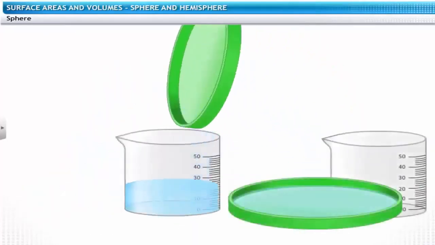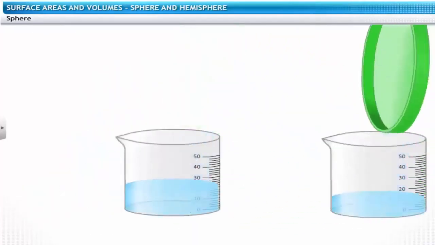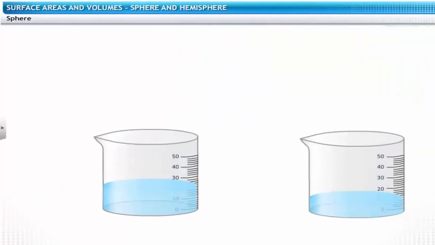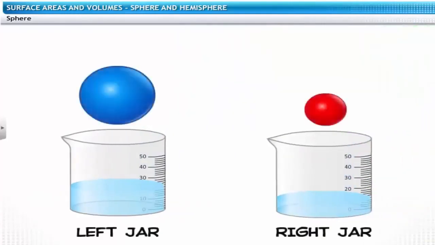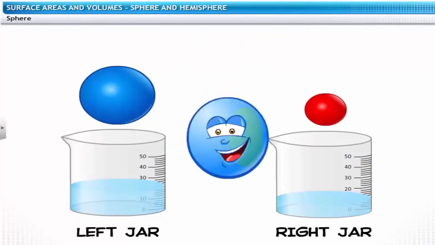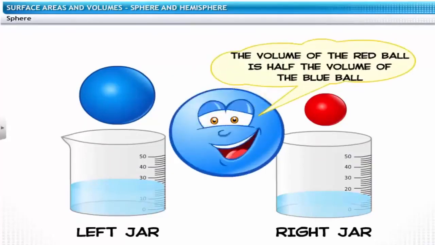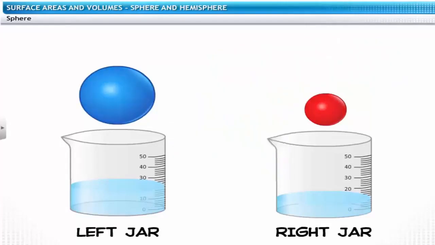Collect the water. On comparing the quantity of water in the 2 measuring jars, we find that the quantity of water that is in the right jar is exactly half of the quantity that is in the left jar. So, we can say that the volume of the red ball is half the volume of the blue ball.